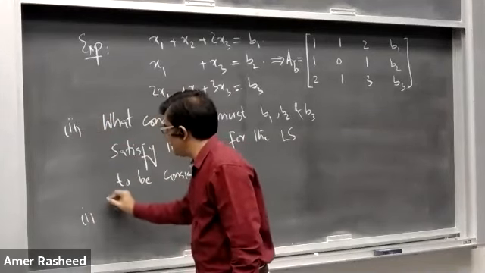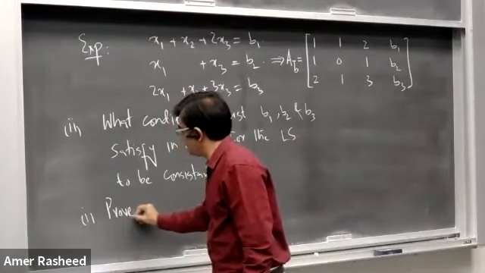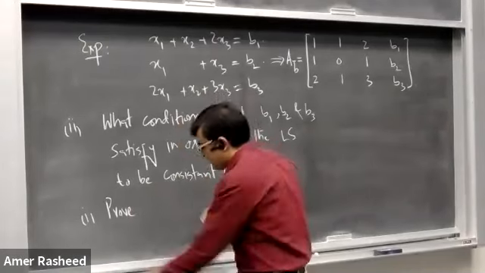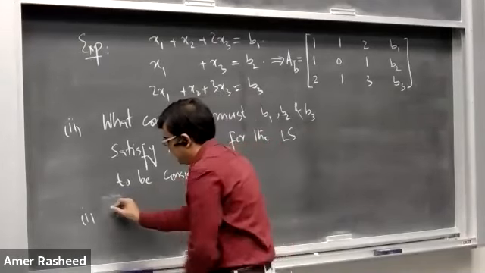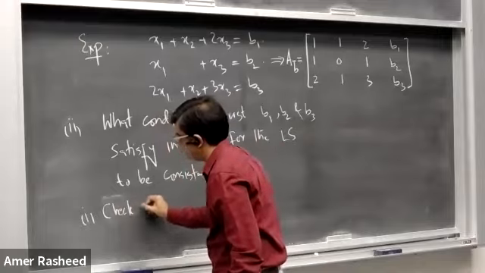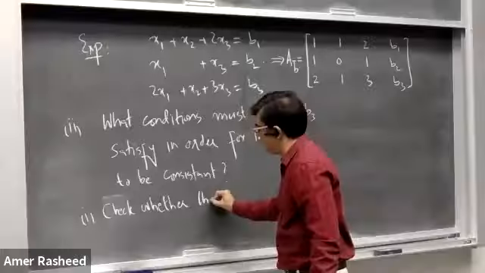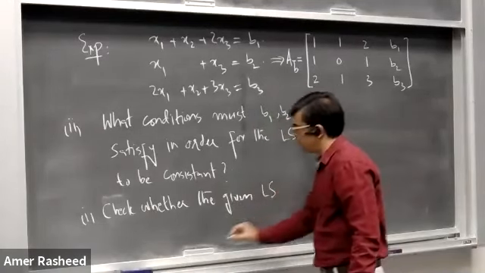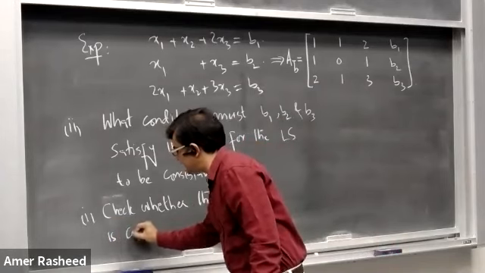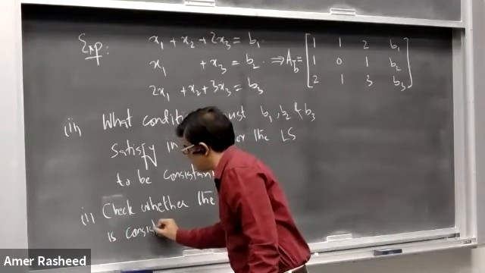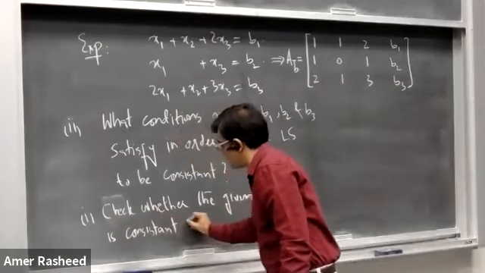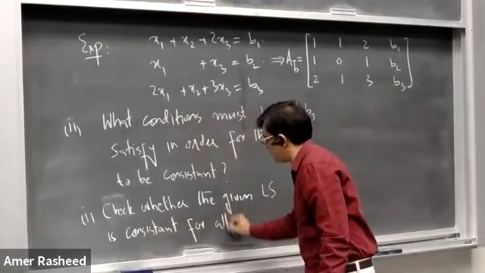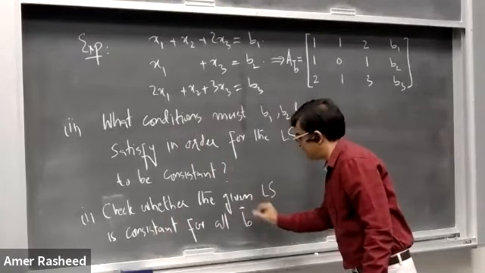The first question is: check whether the given linear system is consistent for all B vector.